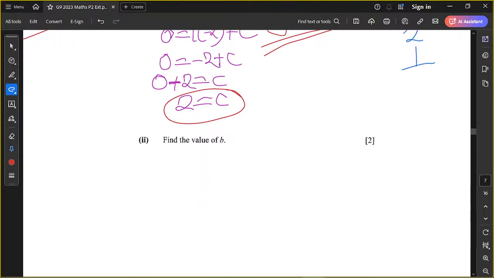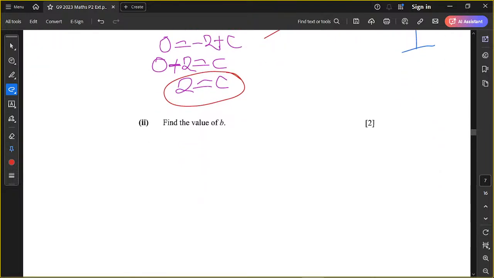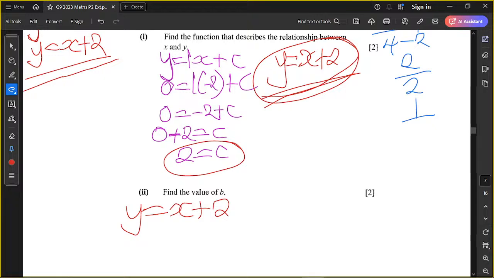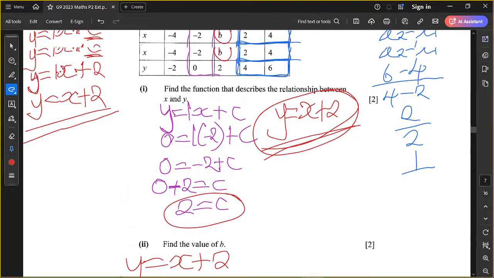So where there is x, we can come up with an expression, which is the formula we found here. We are going to use this formula we found, which is y is equal to x plus 2. Then let's replace these numbers.